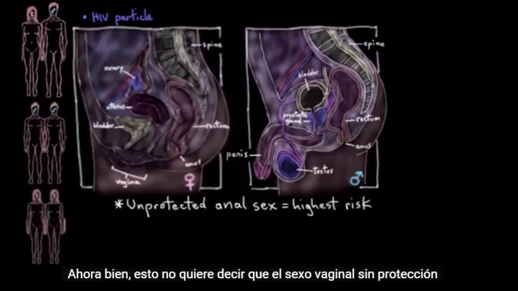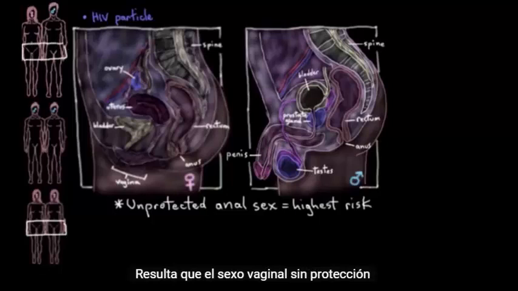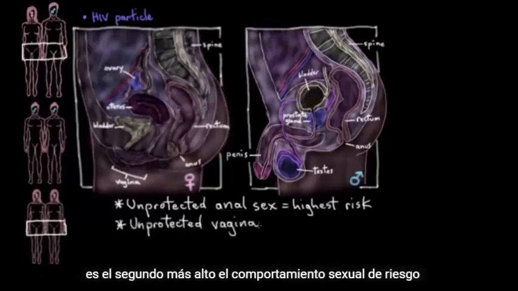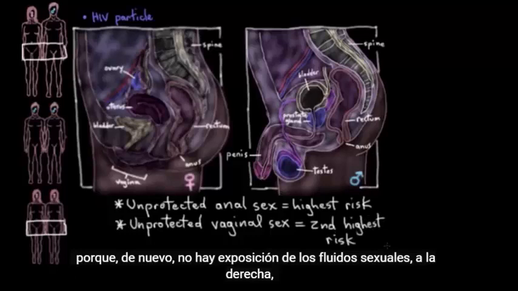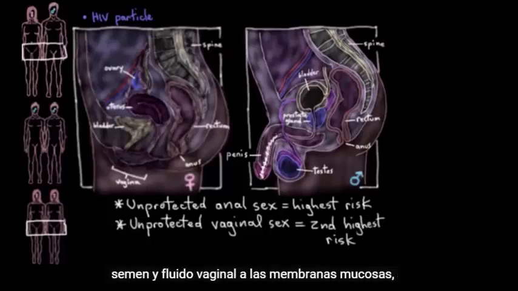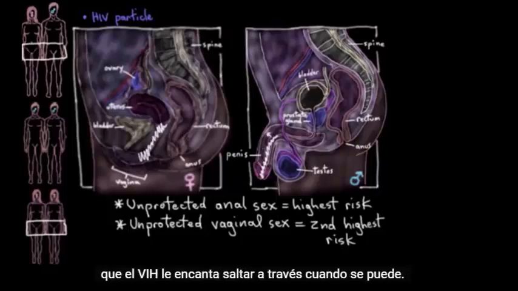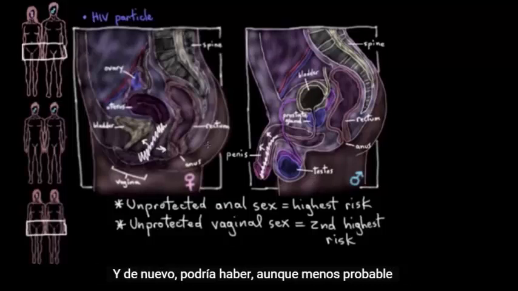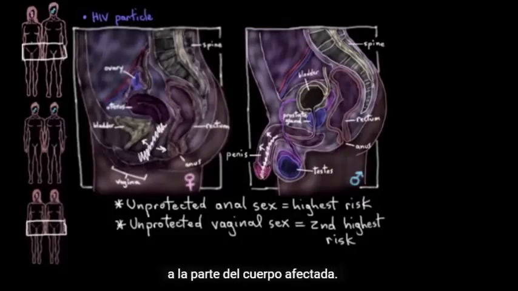Now, this is not to say that unprotected vaginal sex is not risky as well. It turns out that unprotected vaginal sex is the second highest risk sexual behavior. Because again, there's exposure of sexual fluids, right, semen and vaginal fluid, to mucous membranes, which HIV loves to hop across when it can. And again, there could be, although less likely than in anal sex, trauma to the involved body parts.